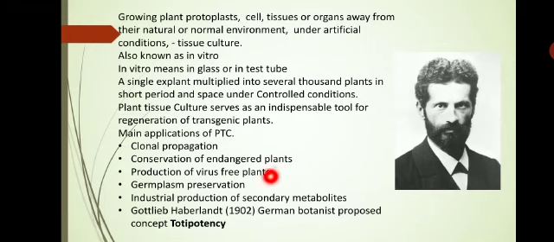With the help of meristem culture, we can produce virus-free plants. For example, the banana plant can be affected by a viral disease called bunchy top of banana. It can be remedied with the help of production of virus-free plants.